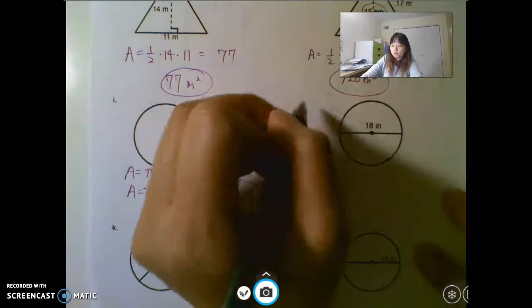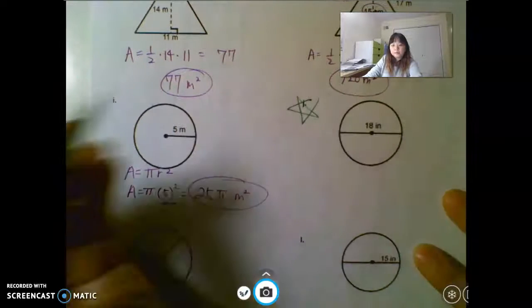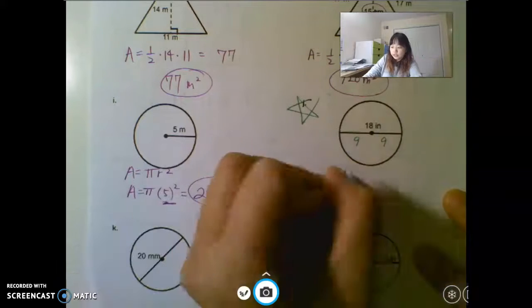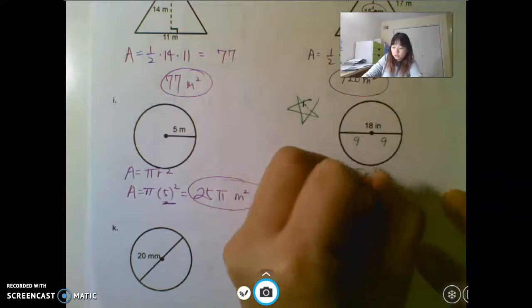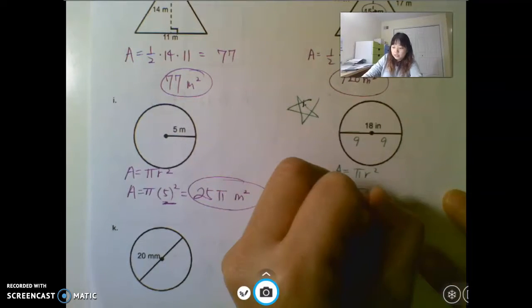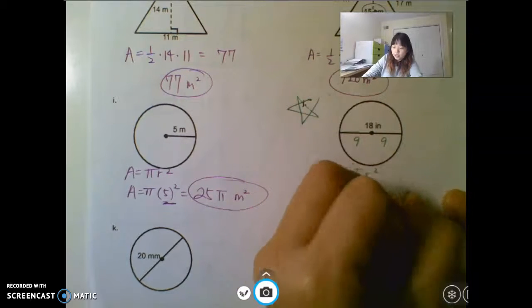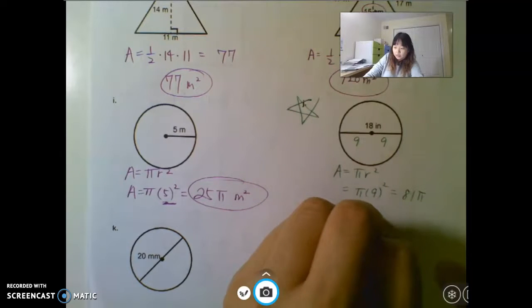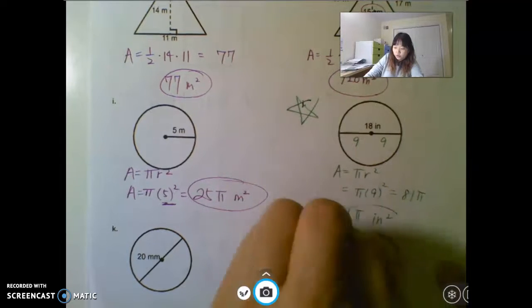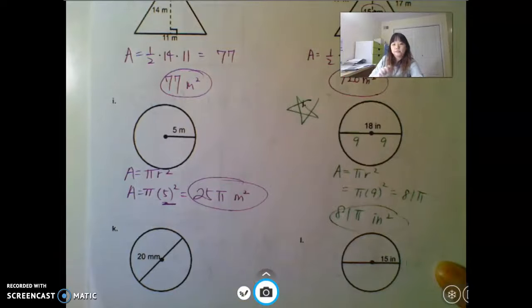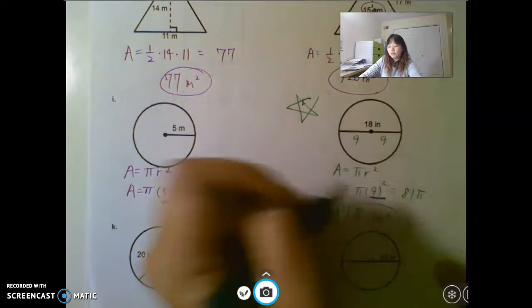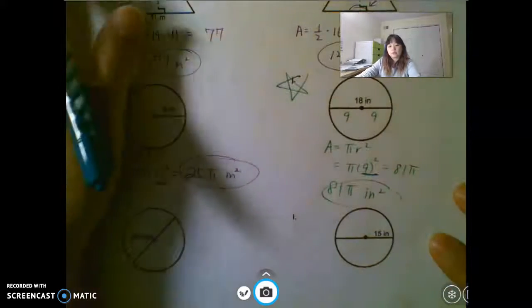Just watch out for J. 18 is the entire thing, so it's 9 and 9 to make 18. Area is pi r squared, that is pi times 9 squared, so it is 81 pi. 81 pi inches squared for the unit. We're doing this part, but we're not putting the whole thing in the calculator.